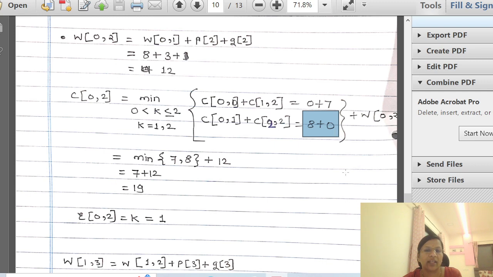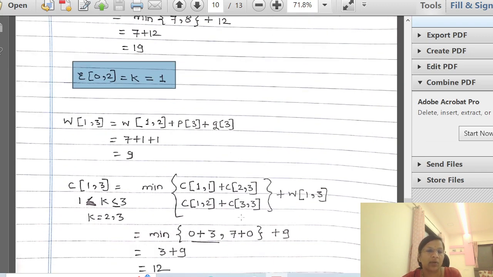So out of 7 and 8, which one is minimum? 7. So we choose 7 plus w of 0, 2, that is already calculated, that is 12. So we add 7 plus 12, which gives us 19. And for which value of k have we got this 19 cost? This is for k equal to 1. So here we assign k equal to 1 to r of 0, 2.